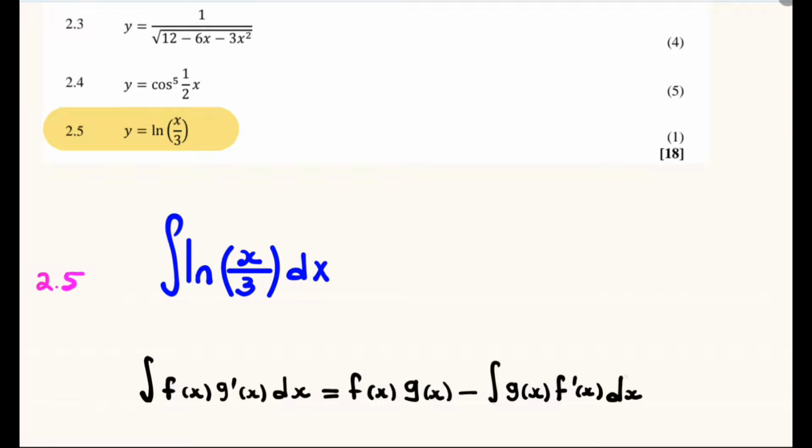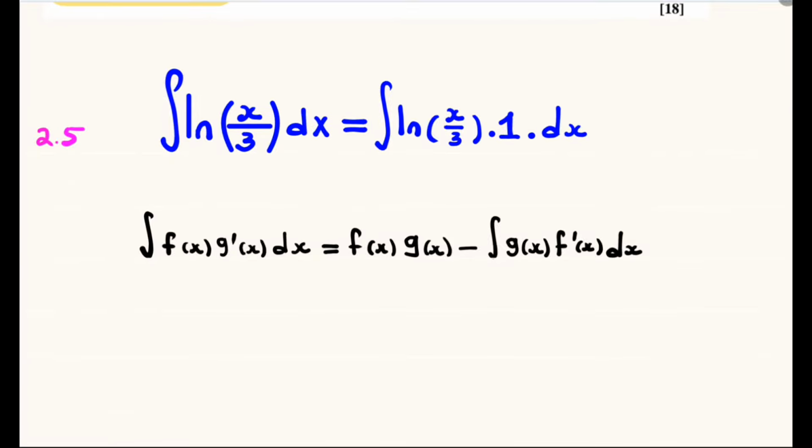So this formula needs 2 functions and we only have 1. So let's maneuver and have a second function. So we have the integral of the ln of x divided by 3, and the second function will be 1. So we multiply by 1 dx.